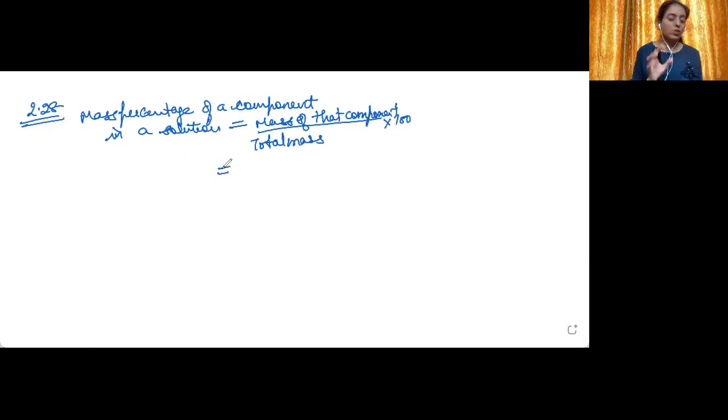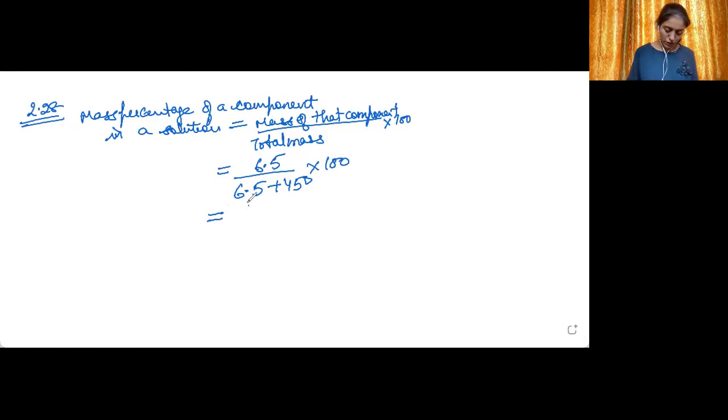So now we need to find out the mass percentage of aspirin. So mass of aspirin has been given to be equal to 6.5. Total mass is 6.5 plus 450 multiplied by 100. So it will be equal to 650 divided by 456.5. 650 divided by 456.5.